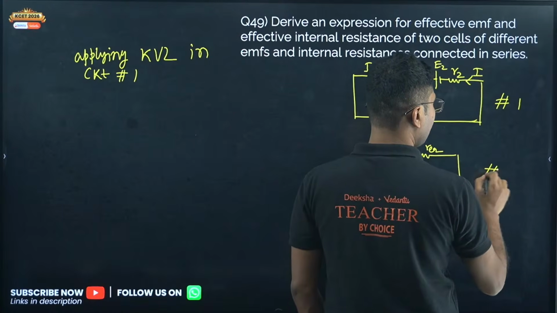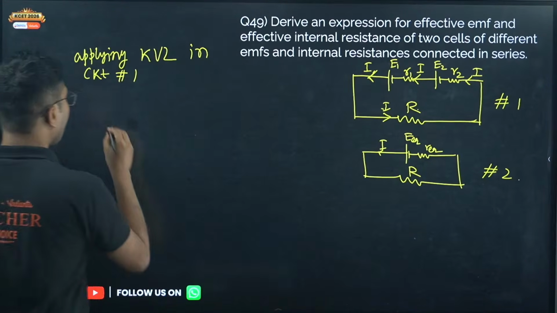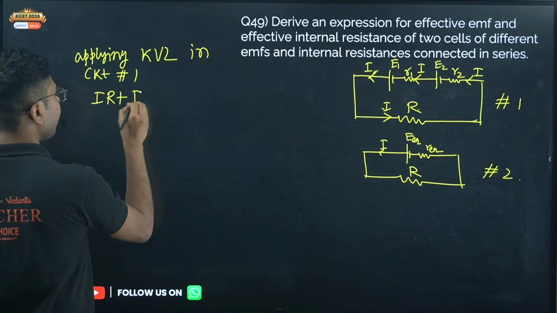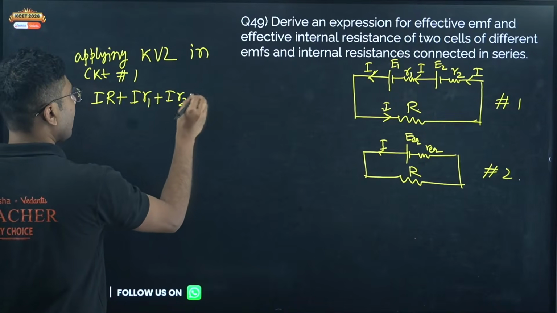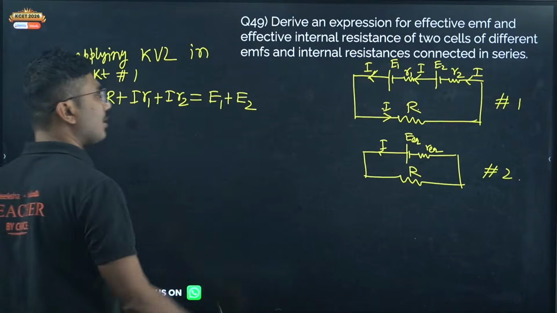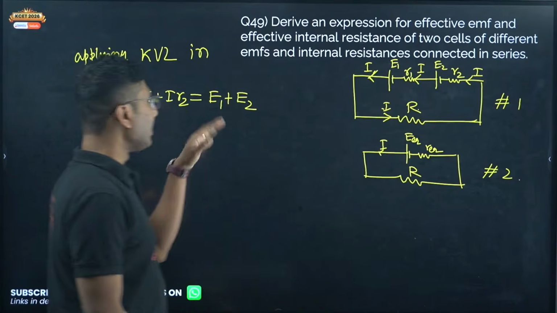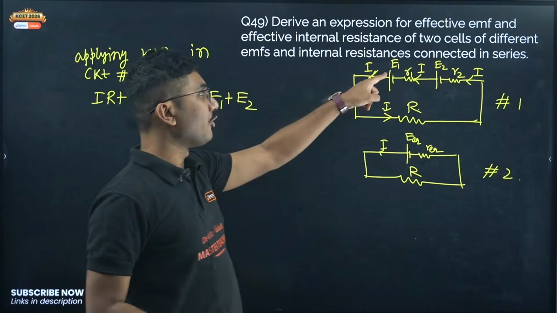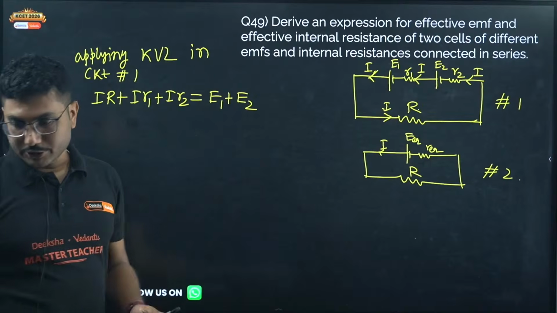This is circuit number 2. So applying KVL in circuit number 1, what we get? I into capital R, everything will be positive, equals E1 plus E2. Remember that if we are going in the direction of the current, on our right hand side potentials will be positive and added.